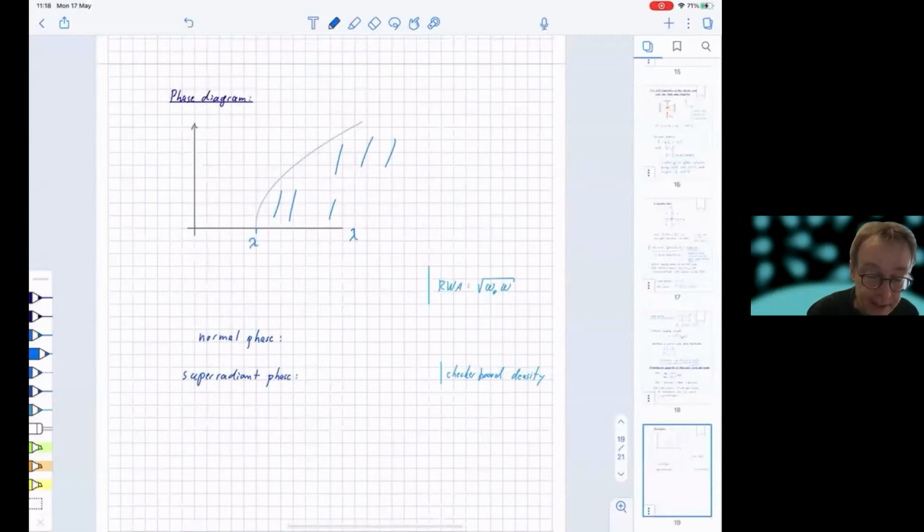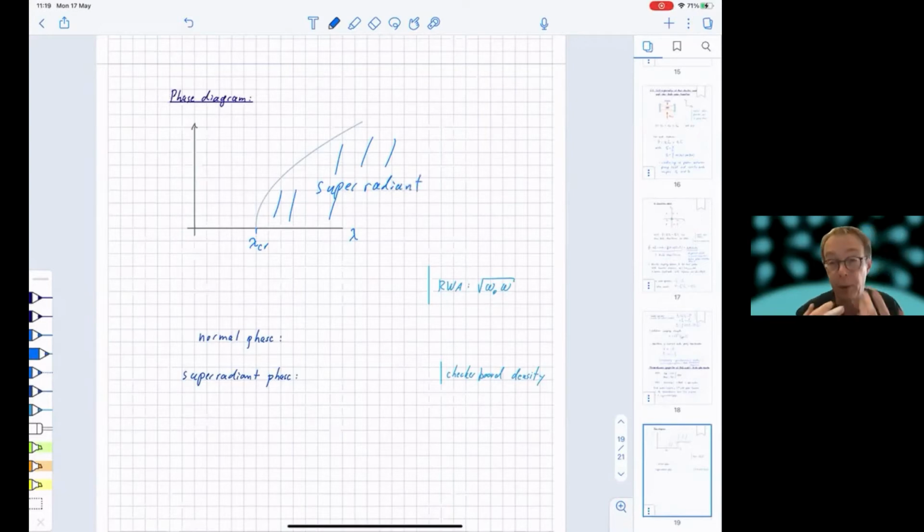And obviously here is some critical parameter where the system goes into a superradiant regime, where you have this polarization of the atoms and photons in the cavity. And this is plotted against the temperature. So you have this phase transition also at zero temperature.